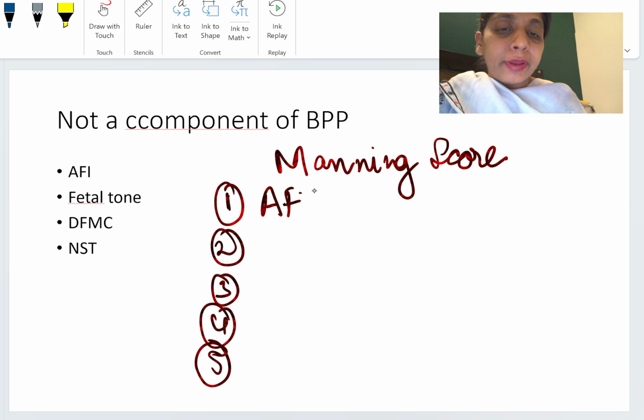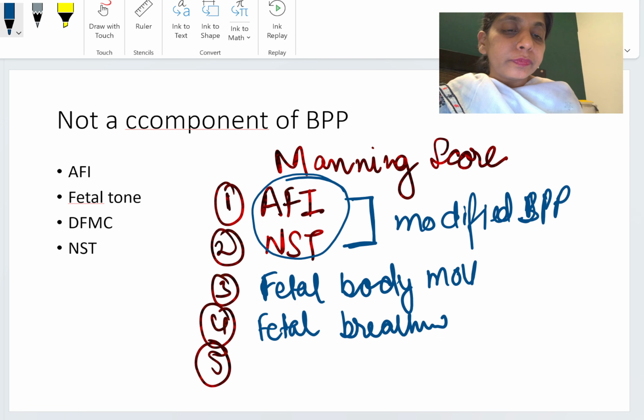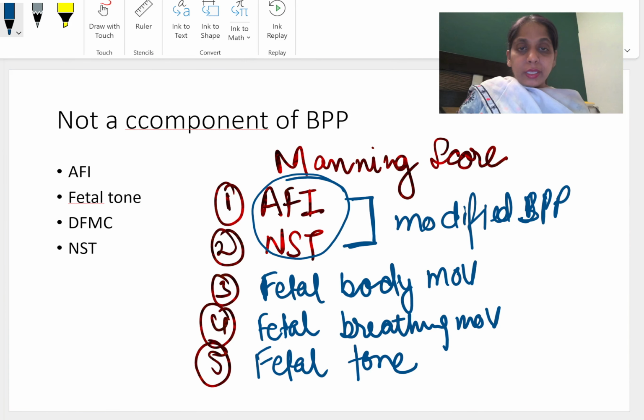Now let's see what the other components are. 3, 4 and 5 are fetal body movement, fetal breathing movement, then fetal tone. Okay, so you can see it is very easy.